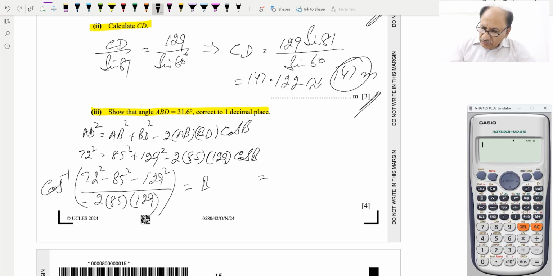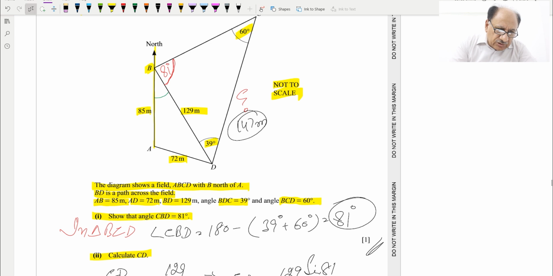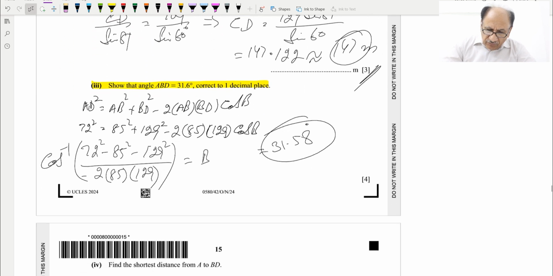Shift cos of 72 square minus 85 square minus 129 square, over minus 2 into 85 into 129, bracket close, and this is giving us 31.58 degrees. Yes, this is done.